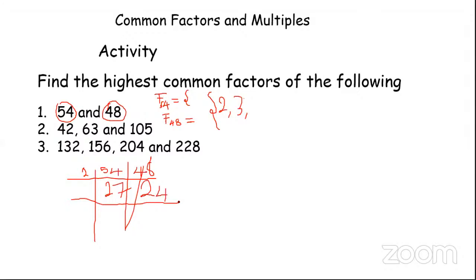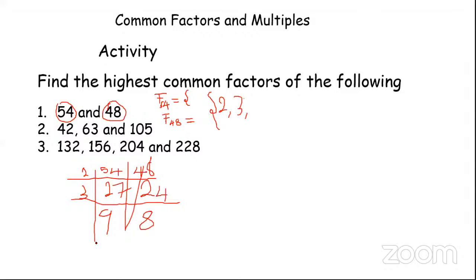So which number can divide 27 and 24? 3. So 27 divided by 3 gives us 9. 24 divided by 3 gives us 8.